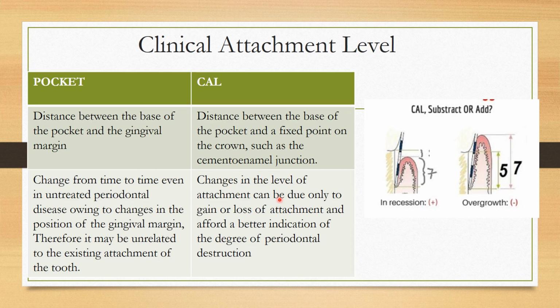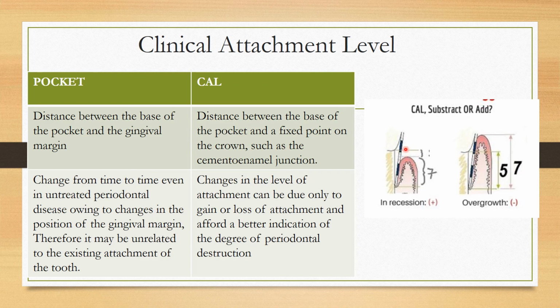The pocket depth changes from time to time even in untreated periodontal disease, owing to changes in the position of the gingival margin. Therefore, it may be unrelated to the existing attachment of the tooth. There can be coronal migration as well as apical migration of the gingival margin from time to time, even in untreated cases.